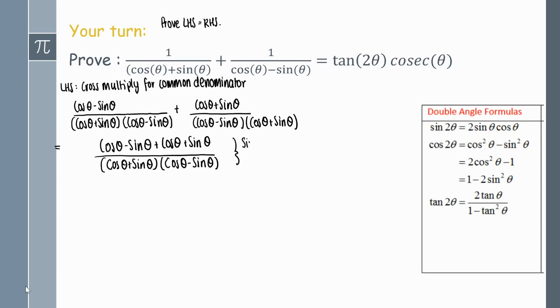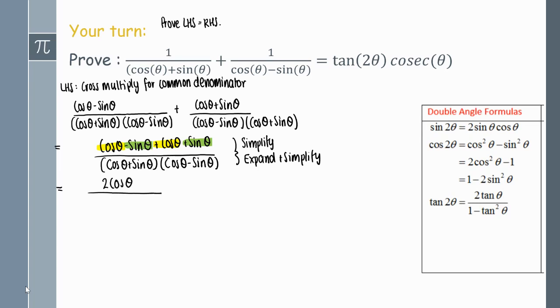Expand and simplify. So simplify the top, collecting your like terms, and then expand the bottom and simplify it. And notice we have something nice on the bottom and the top. So on the top, I have cos theta plus cos theta, so that's 2 cos thetas, minus sine theta plus sine theta. The sine thetas will cancel out, so I'm just left with 2 cos theta on the numerator.